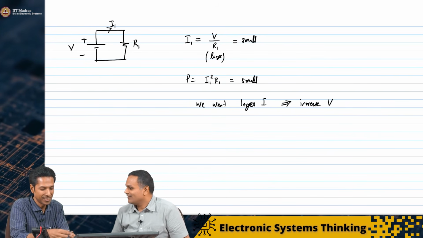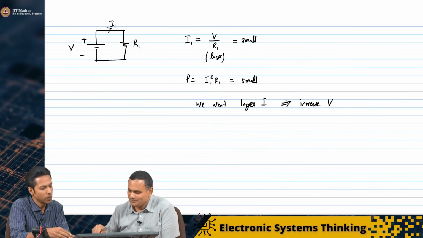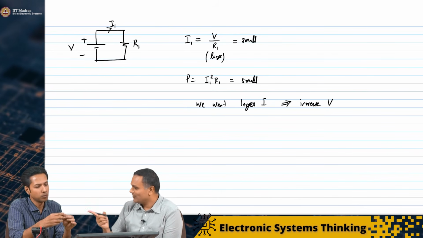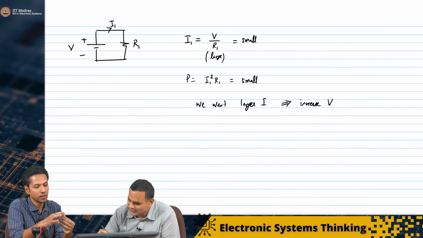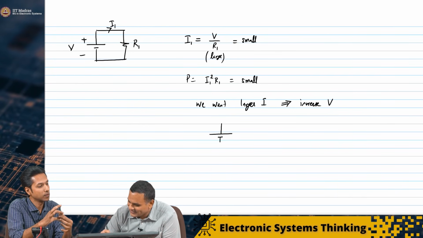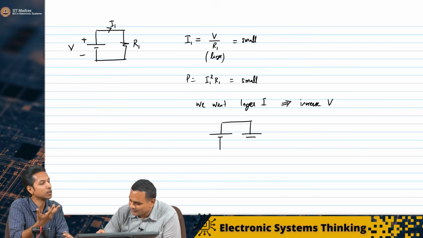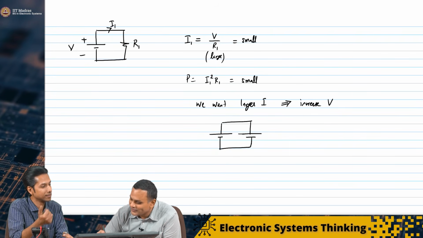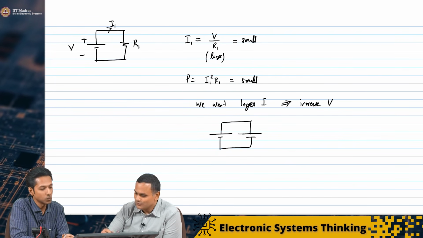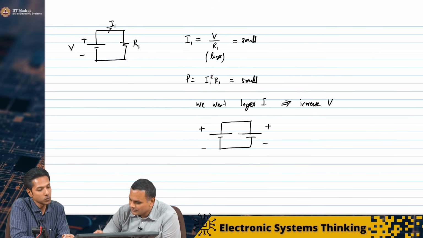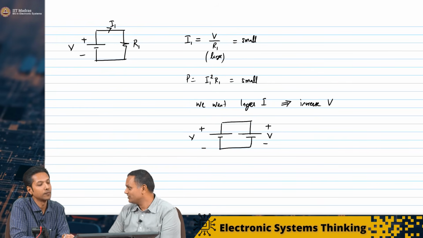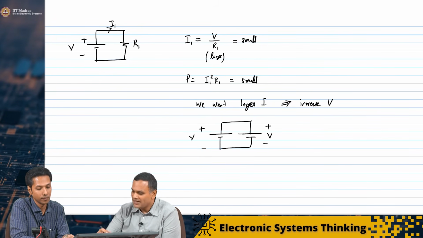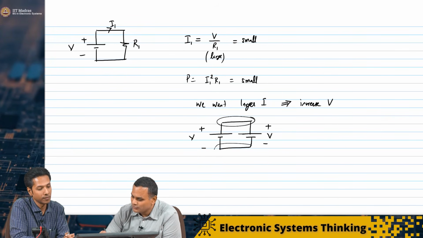Connecting them like this, both have the same voltage, so the voltage remains the same. You are taking two batteries, both with the same potential difference across the terminals, and you are connecting them at these two points.